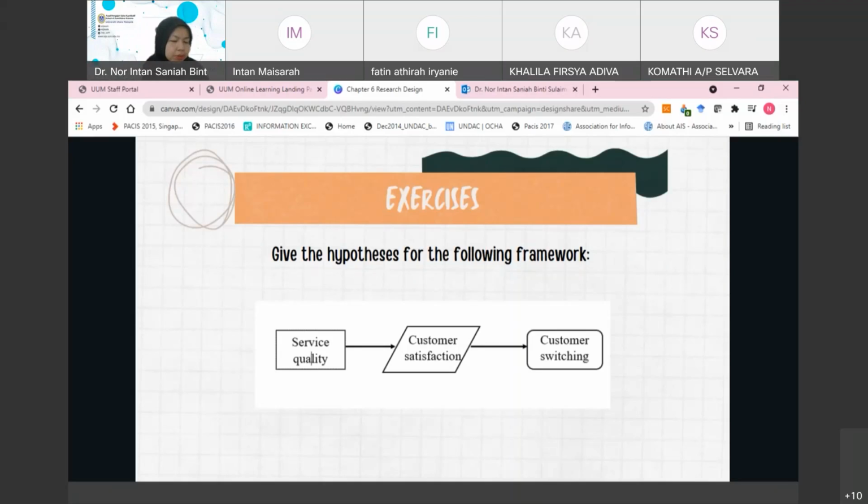Cuma dia hypothesis dia just you can have a number lah, so you can have a right or wrong, so dia more on nak prove the theory, more on proving the theory.